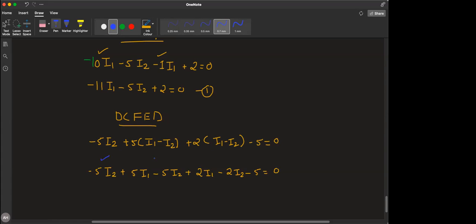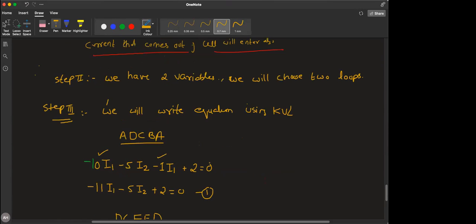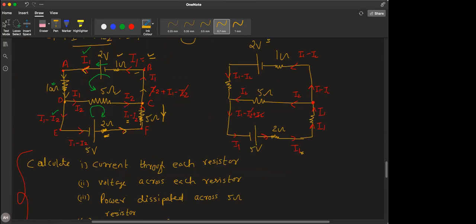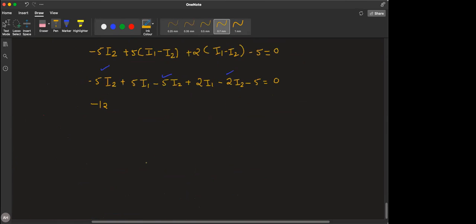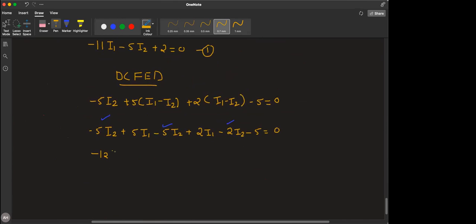Why minus 5 at the end? Because we are going from F to E, first the higher terminal, then the lower terminal of the cell. Fall is negative. So minus 5I2 minus 5I2 minus 2I2 is minus 12I2. Next we have 5I1 and 2I1, that's 7I1. Then we have minus 5, which is equal to 0. Is it clear? Yes, sir.